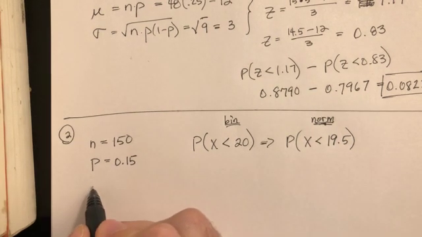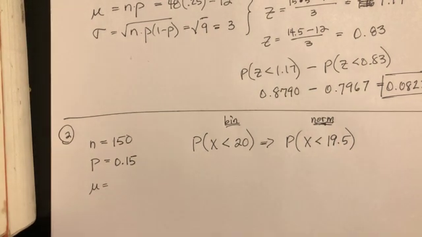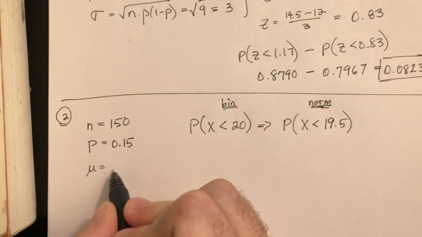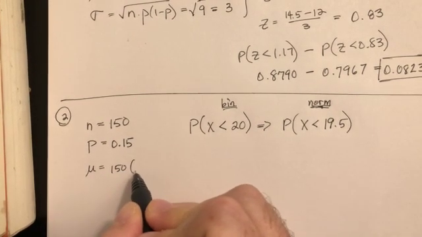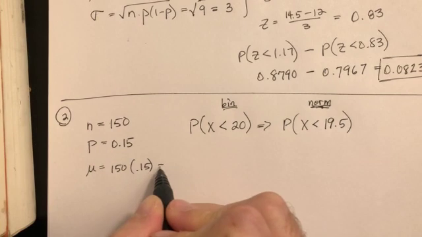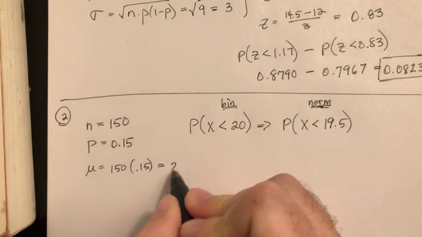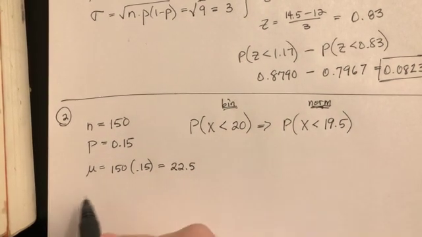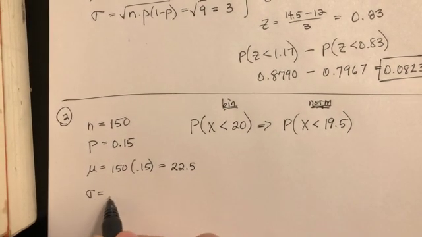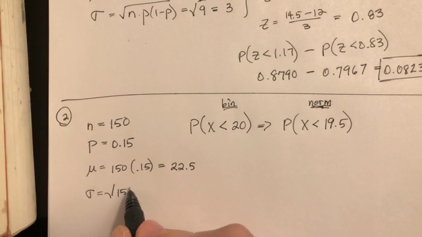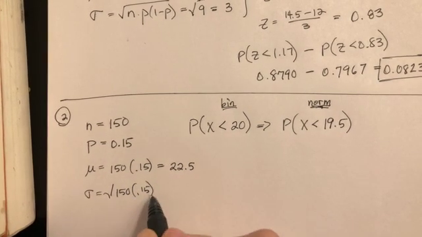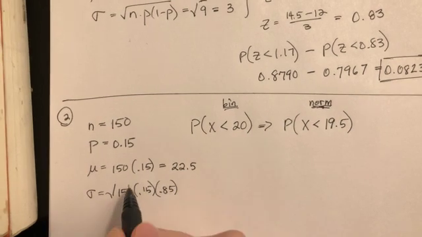Now I want to find my mu. So 150 times 0.15 is going to give me 22.5. And then sigma is going to be the square root of 150 times 0.15 times 0.85, right? This one minus p.